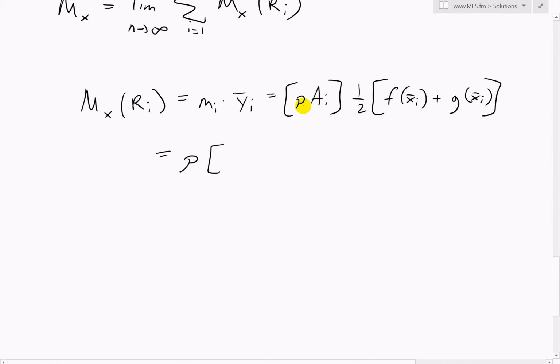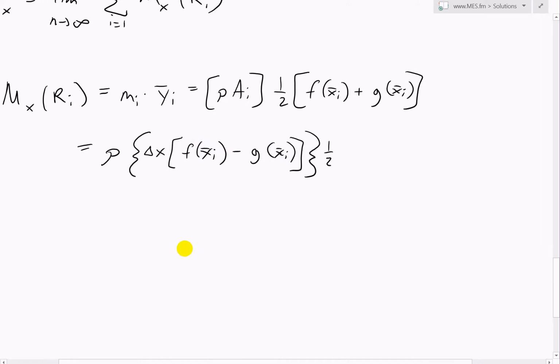And now this ai, that's going to be delta x times a different bracket here: f of x i minus g of x i, and then we again multiply by half, plus g of x i.